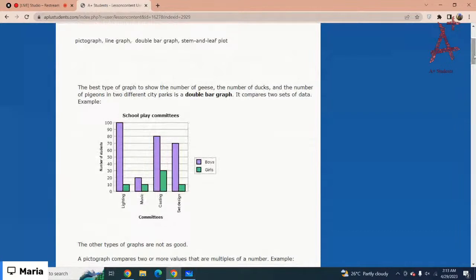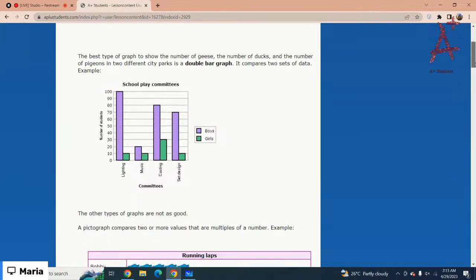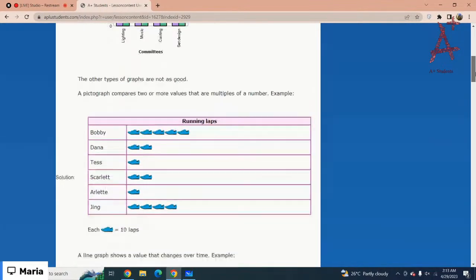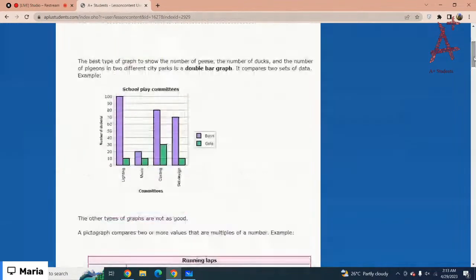Got it? Three types of data: number of geese, number of ducks, and number of pigeons. So that means you can use the double bar graph. It compares two sets of data. Got it? Because you have more than one data set, so that means you can use the double bar graph. Got it?